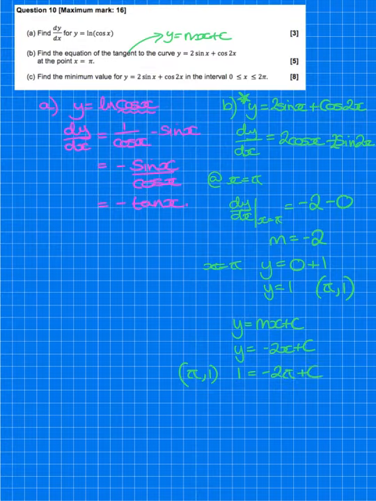Therefore c is equal to 1 plus 2 pi. Just rearranging that, we go back to our equation y equals mx plus c, which is y equals minus 2x plus 1 plus 2 pi, and that is the equation of our tangent.